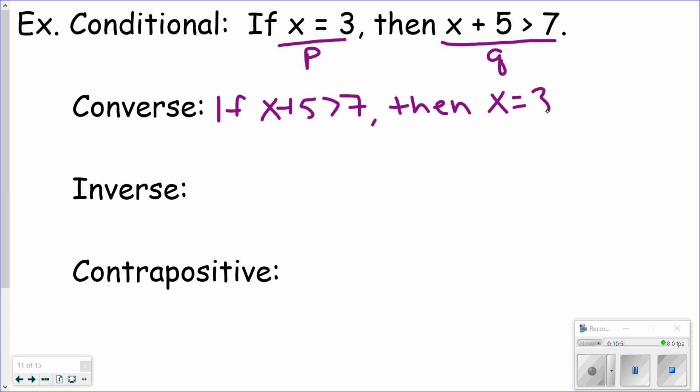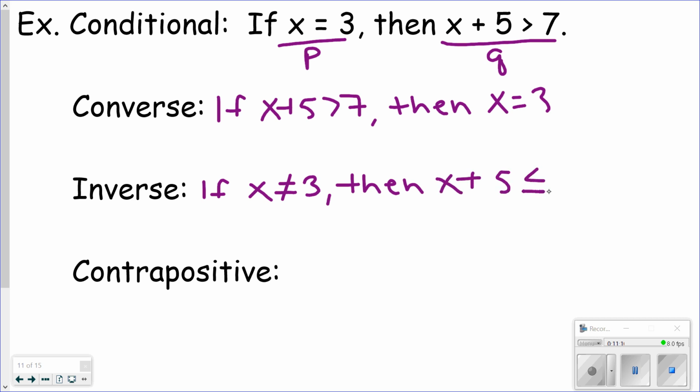The inverse is going to look at my conditional statement and negate it. So the inverse would then be if x is not equal to 3, then x plus 5 is less than or equal to 7.